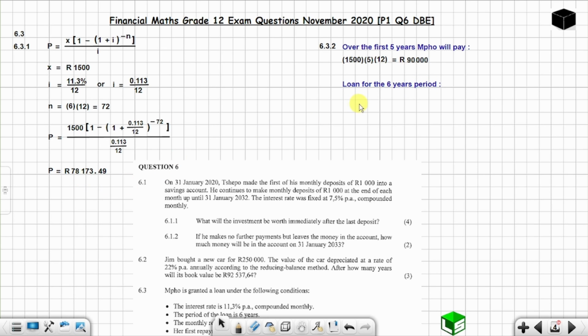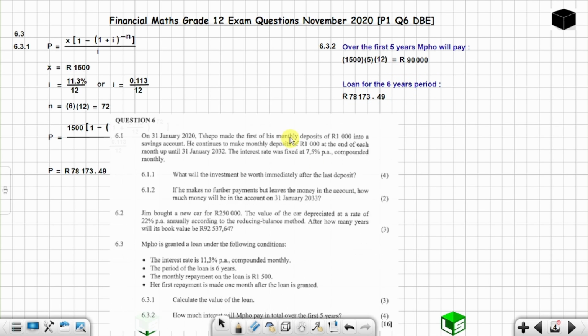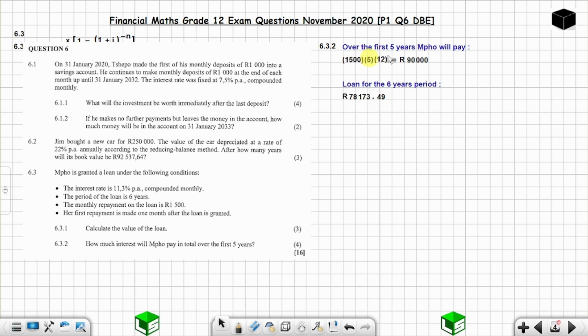To calculate the interest, we cannot take what she paid minus this, because this is for 5 years. You can't subtract the loan for 6 years. You must have what she paid in 5 years, and the loan for 5 years, not 6 years. So we have to find the loan for the 5 years period.